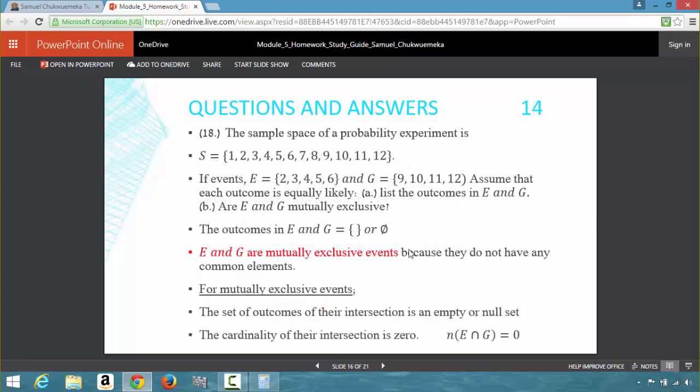Question 18 is testing you on what we mean by mutually exclusive events. Mutually exclusive events cannot occur at the same time. They are disjoint.